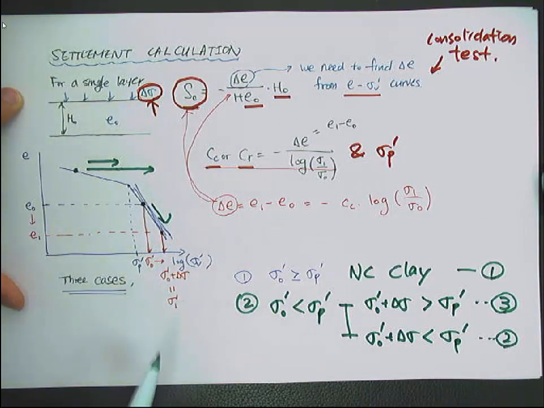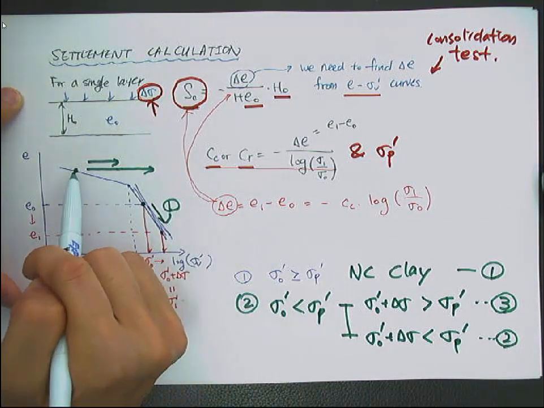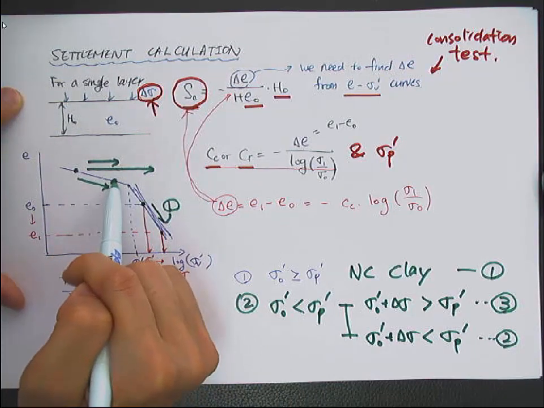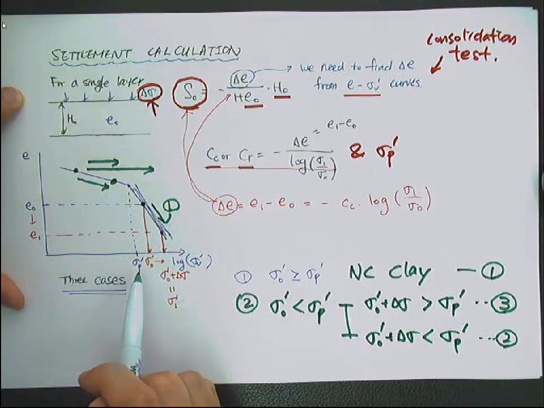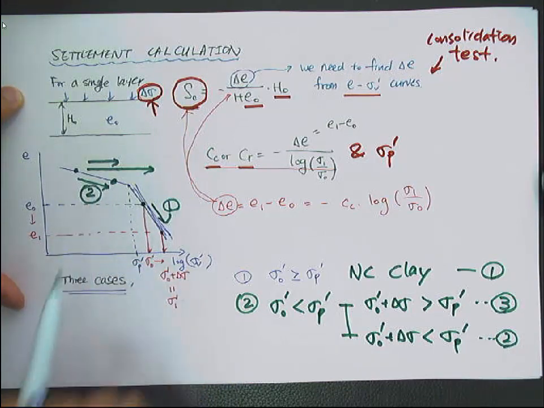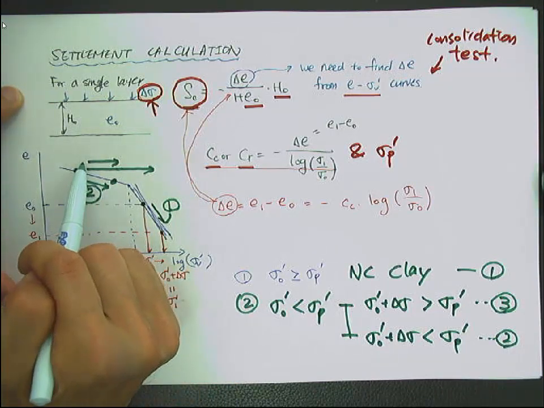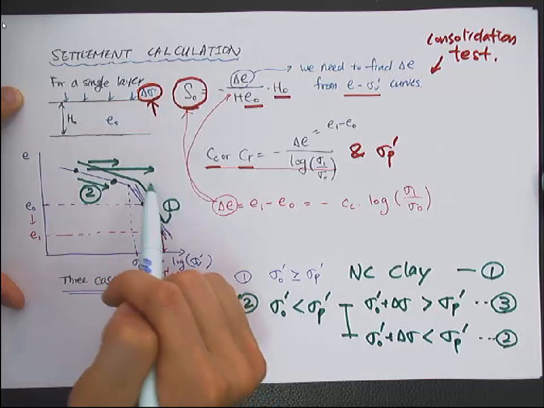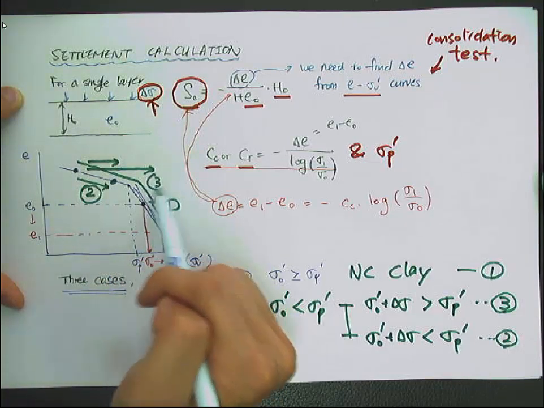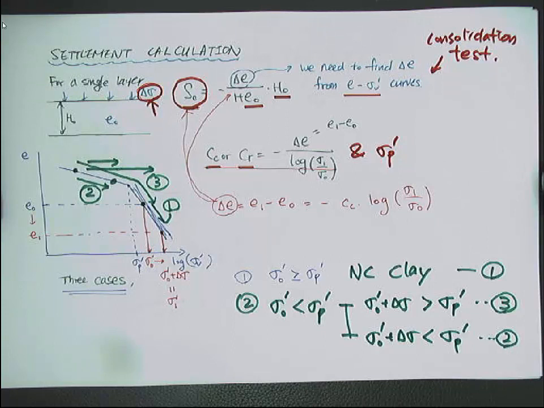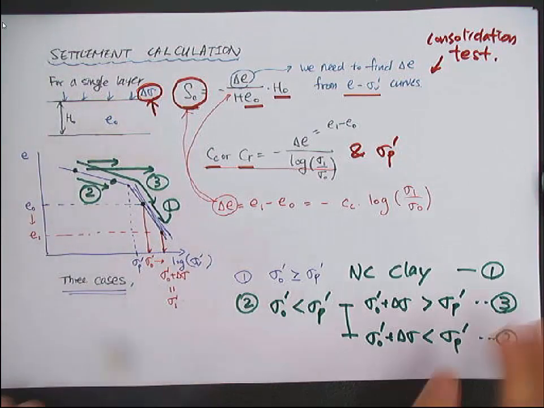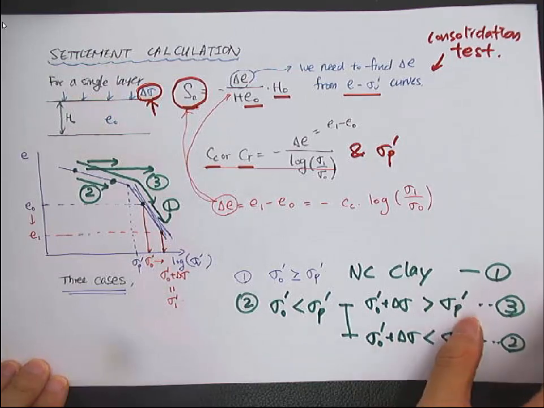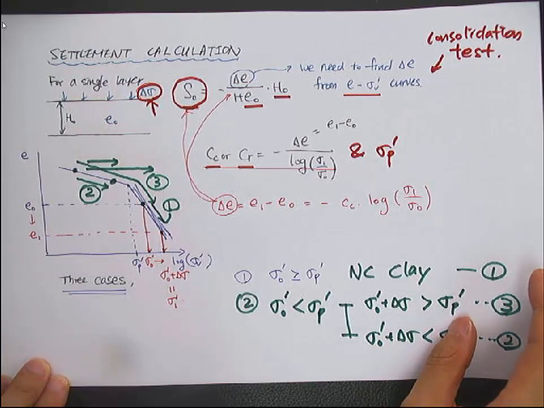The second case will be from here to somewhere here before sigma p prime, and the third case will be from here to somewhere here exceeding the pre-consolidation stress. And we'll derive the equation for each case from 1 to 3 and how we can calculate the settlement.